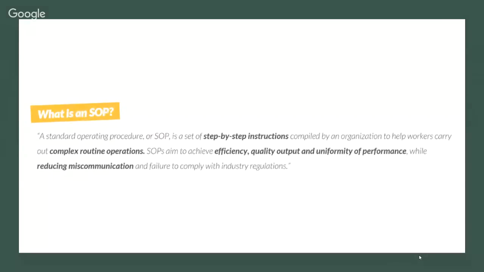A standard operating procedure is a step-by-step guideline, an instruction. Medium and bigger organizations have this step-by-step construction to help the workers, in this case the members of ISIC in Spain, to carry out complex routine operations.